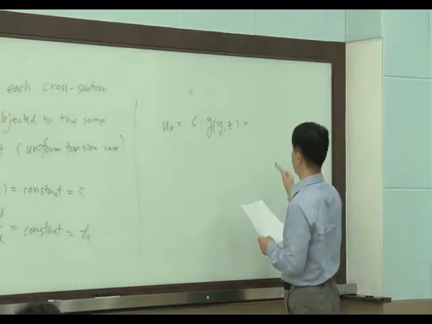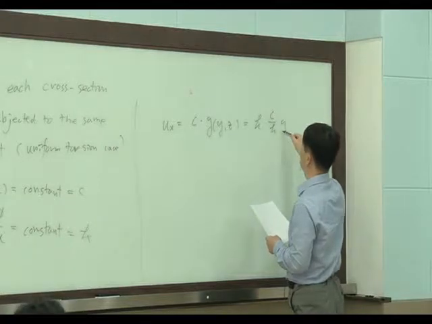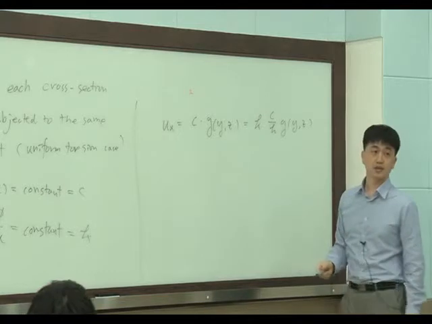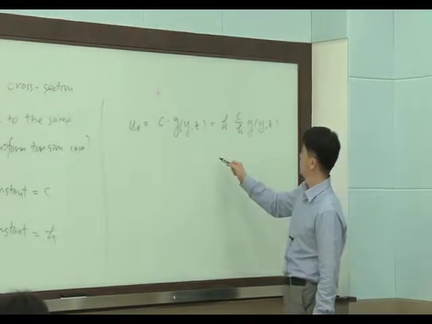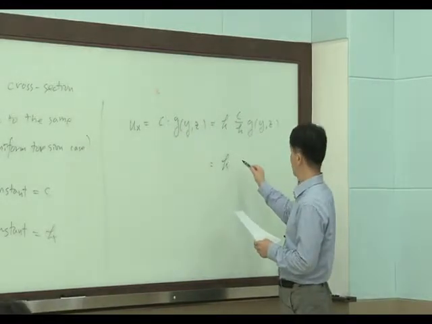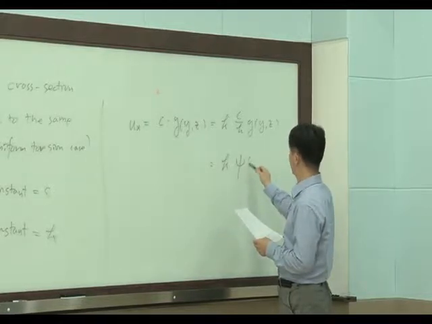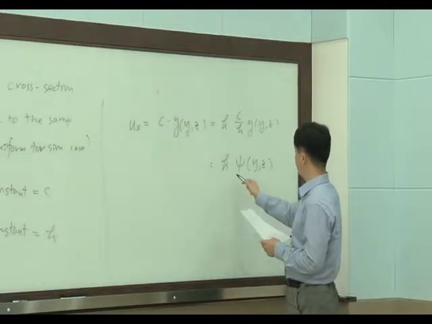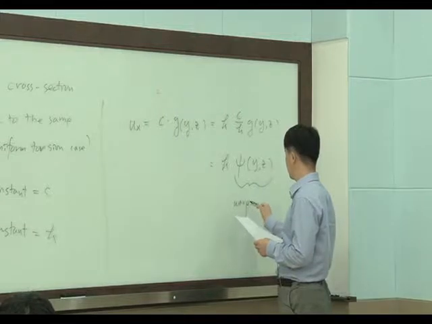Let's modify this function a little bit, using the constant k, so it becomes k times ψ(y,z). We call this ψ the warping function.